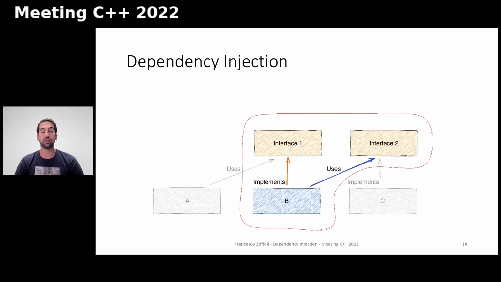Besides this, the code of B is going to be enough to evaluate whether B is respecting the interface that it implements. The other advantage is that this makes it simple to decouple components and makes testing easier because, again, we are working with interfaces and not with concrete components.